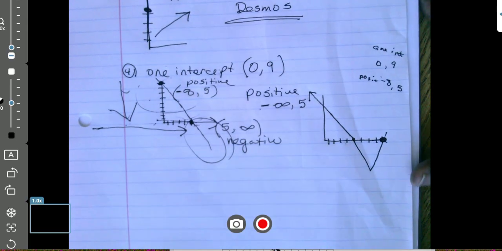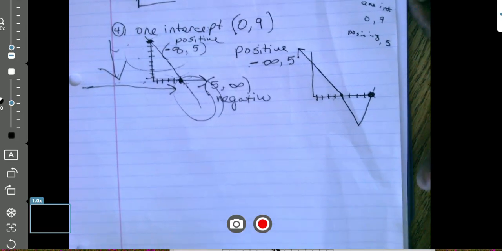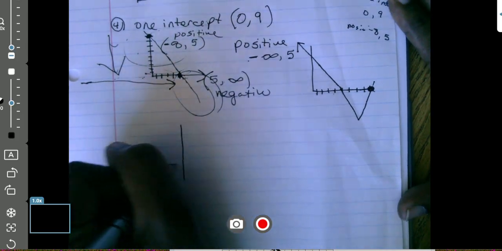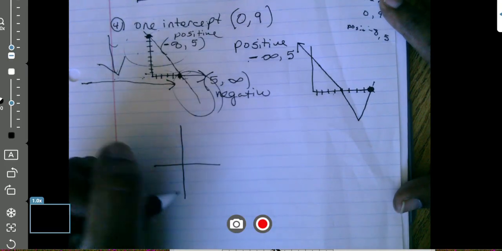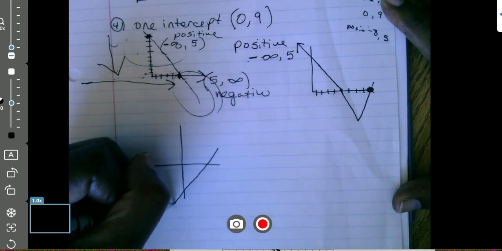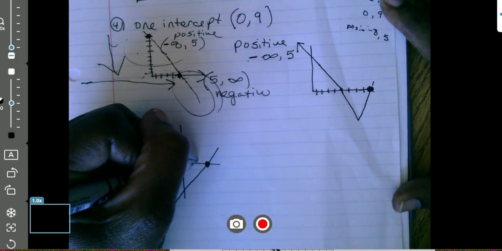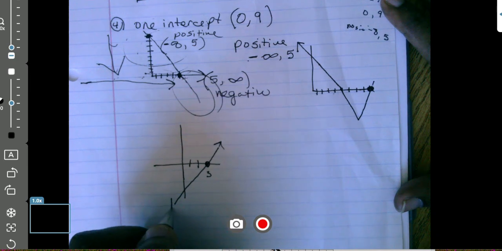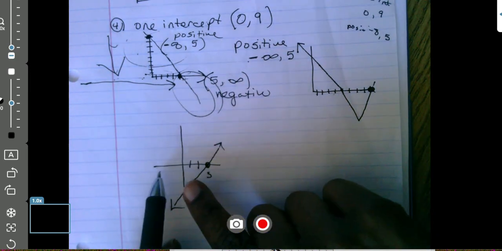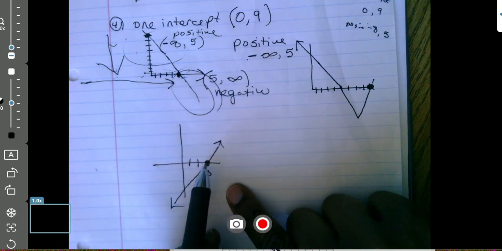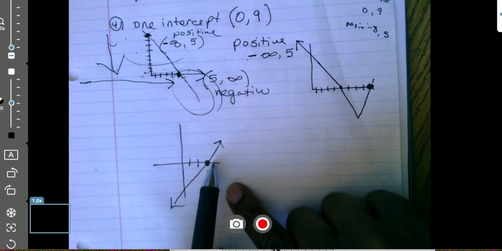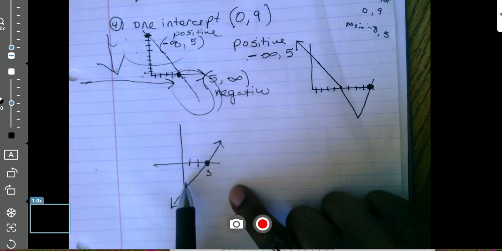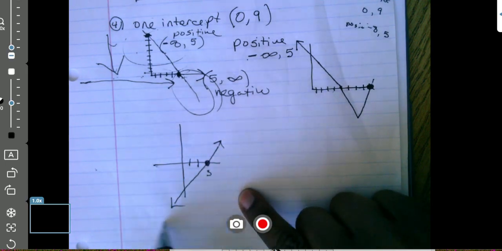I think I want to make sure we understand negative and positive before we go to the next one. Alright, so look, here's a graph. And let's cross it right here, let's say at 3. Okay, from negative infinity to 3, from here up to there, the graph is down here in the negative side.